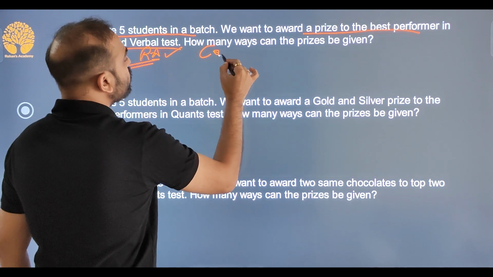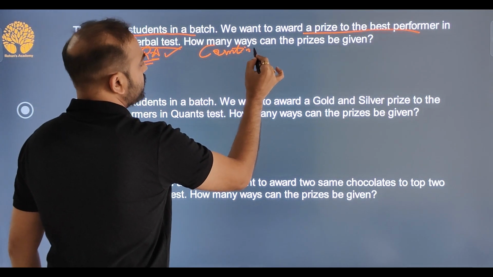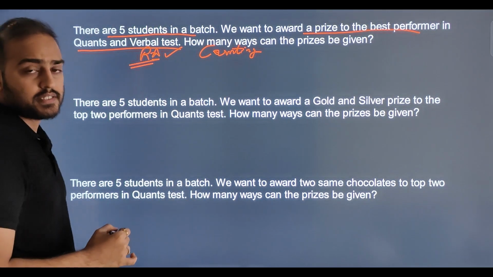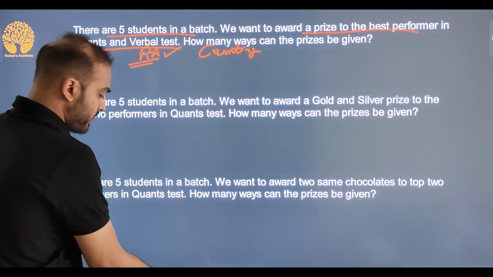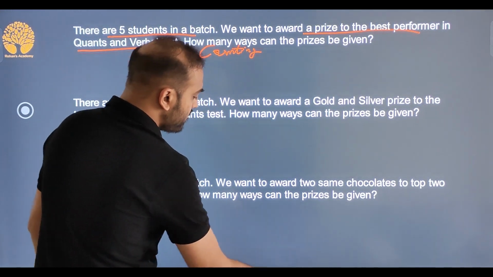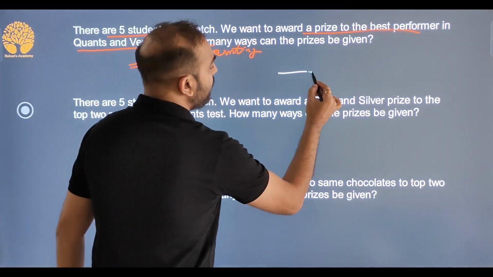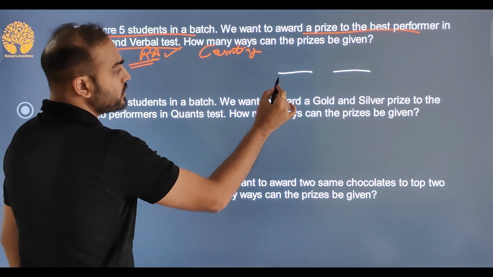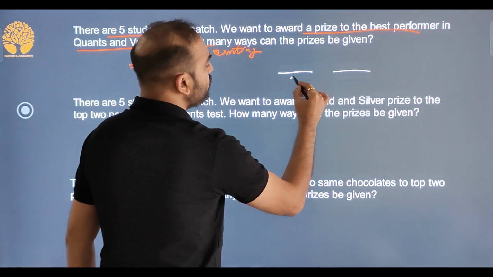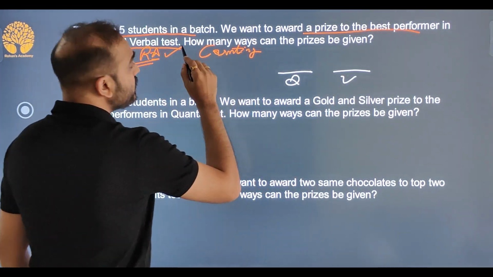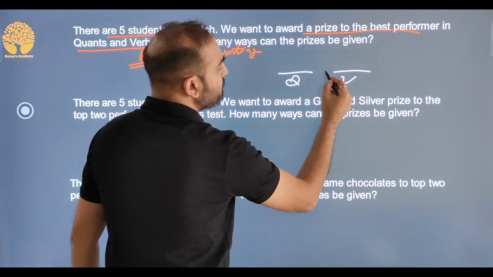Since repetition is allowed, we will do counting. How do we do that? Again, we have done it in the previous video. We make 2 blanks. This is for quant test, this is for verbal test, and I want quant and verbal.